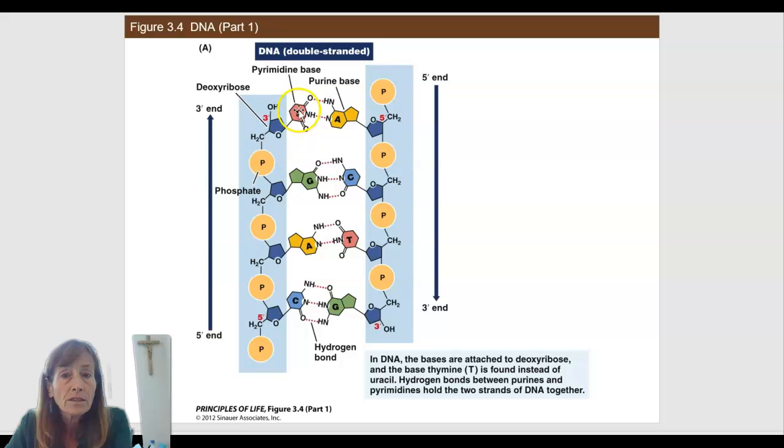So you can see that the bases that have the single ring always join with another base that has a double ring. The G, which has the double, joins with the C, which has a single. Same thing down here.